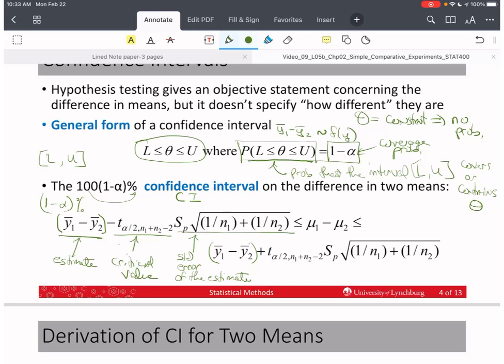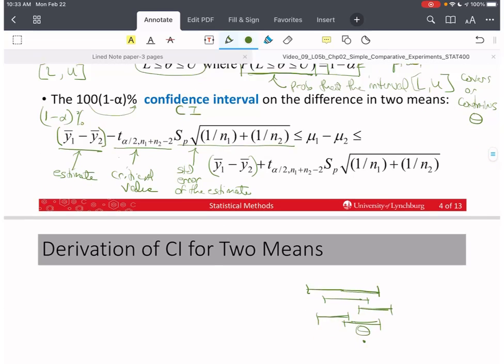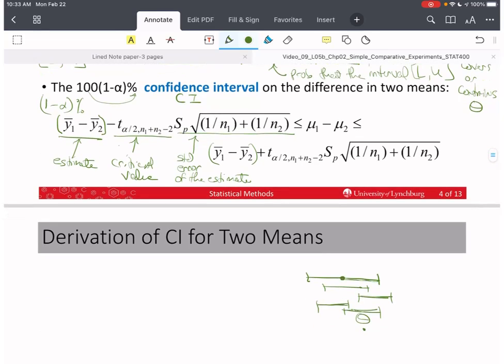If we want to estimate the difference in the means, we'll subtract the sample means. But if we want a range of values, which is much more interesting and useful than a single value, then remember from this picture, the difference in means changes depending on the sample that you choose.